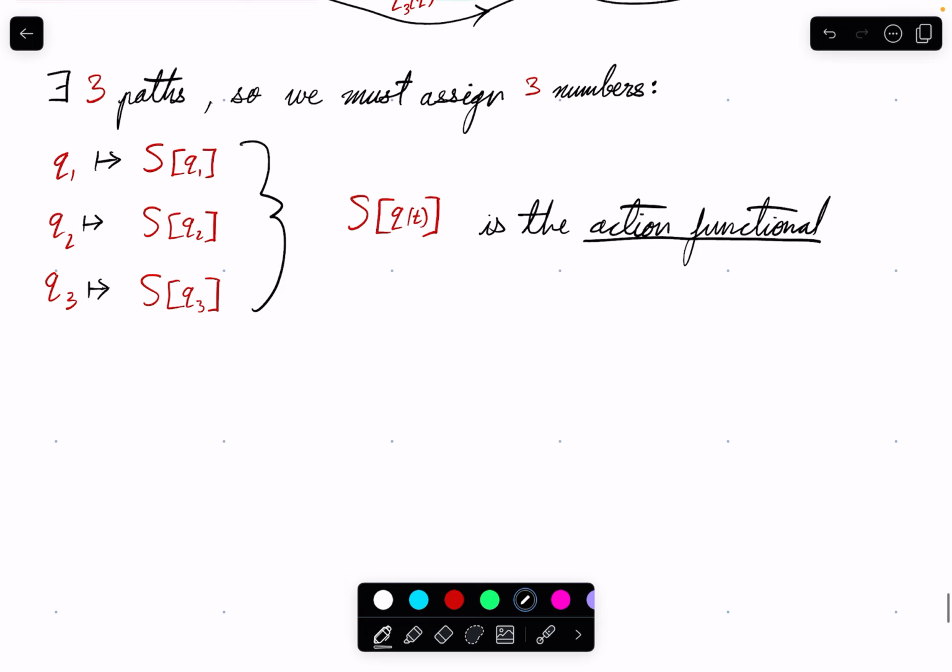The most efficient path is the one that extremizes the action.